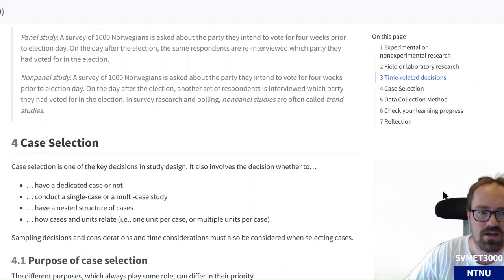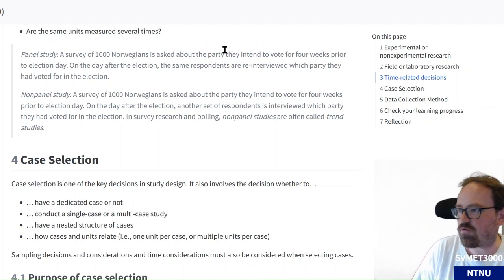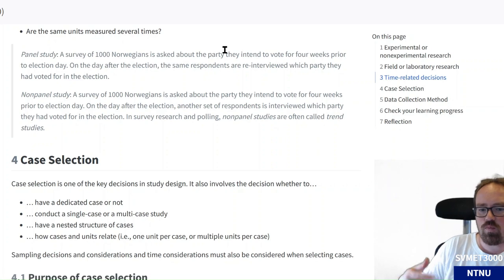And then particularly relevant in survey research, the question whether the same units are measured several times. This can even happen in content analysis if you, for example, want to study whether journalists do correct their articles or edit their articles over time.